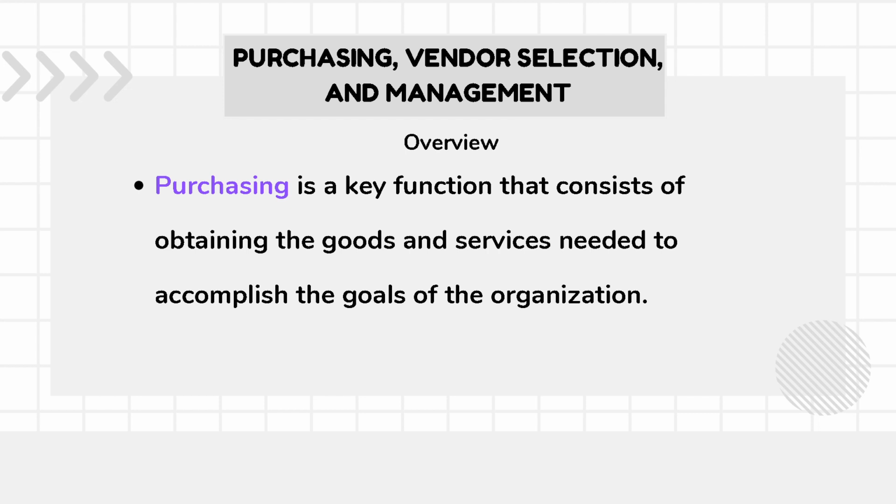Auditing functions related to vendor selection focus on ensuring that the selection process is objective, transparent, and compliant with organizational standards. Next is vendor management. It involves overseeing relationships with suppliers, ensuring they deliver goods or services as per agreed terms, and maintaining a positive business relationship.